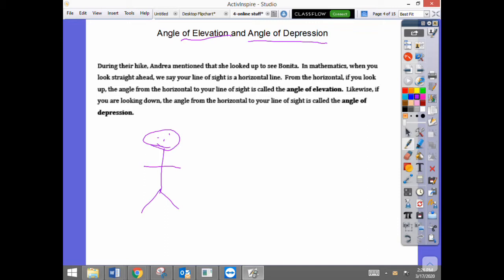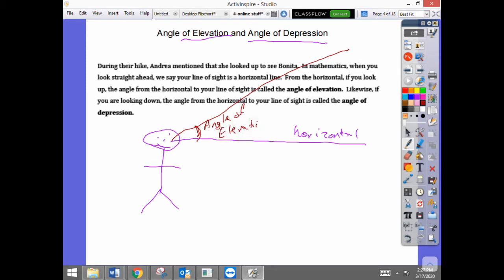So let's say you're looking straight at something right here. This line of sight, you're looking straight at it, is called a horizontal line of sight. If you happen to be looking at something up from that horizontal, so say you're looking at something up this way, this angle right here is called an angle of elevation.